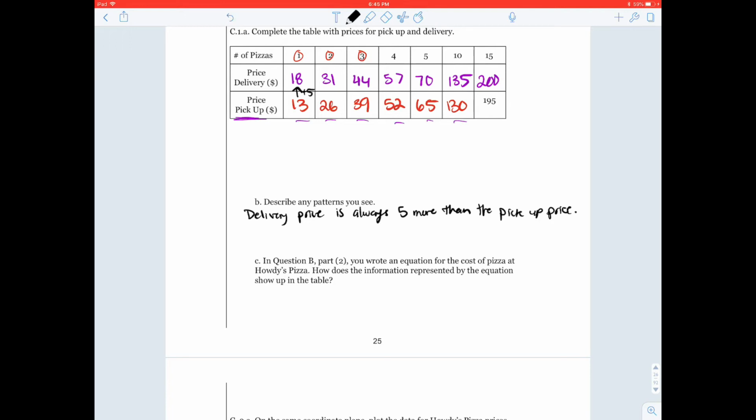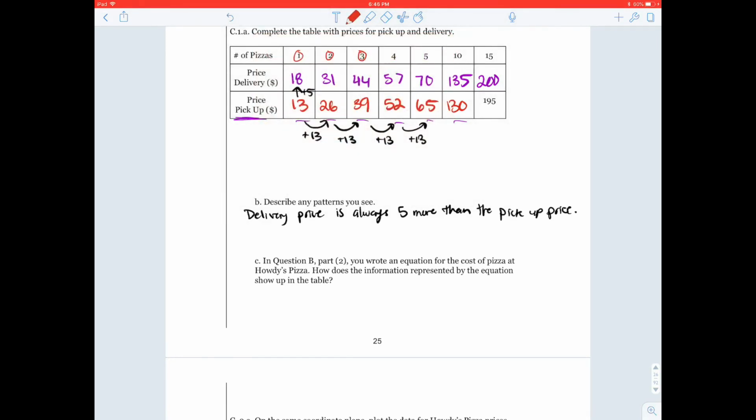Another pattern that you may have noticed, well, how much did we increase 13 by to get to 26? Yes, we added 13. How about 26 to 39? We also added 13. What about 39 to 52? Plus 13, 52 to 65? Yep, it's the same. So it looks like we're adding 13 to the price each time we increase the number of pizzas. That makes sense.